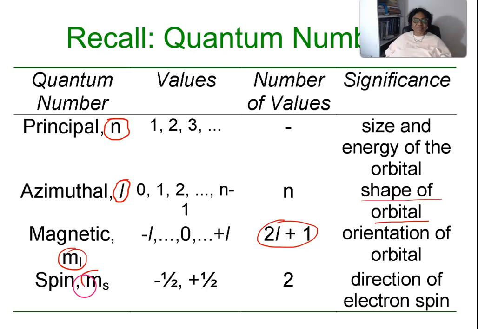Then ms, plus half or minus half, we can have a maximum of 2. It determines the direction of electron spin. So these are the 4 quantum numbers: principal quantum number n, azimuthal quantum number L, magnetic quantum number ml, and spin quantum number ms.